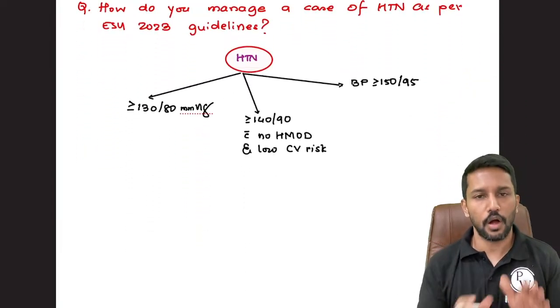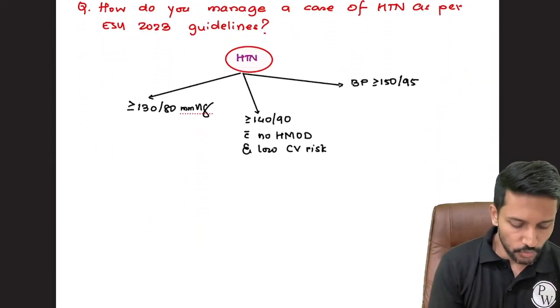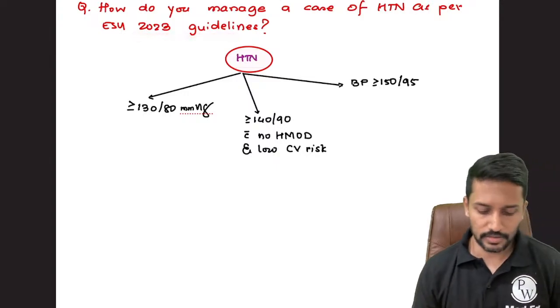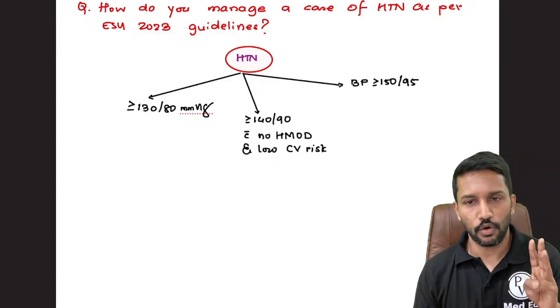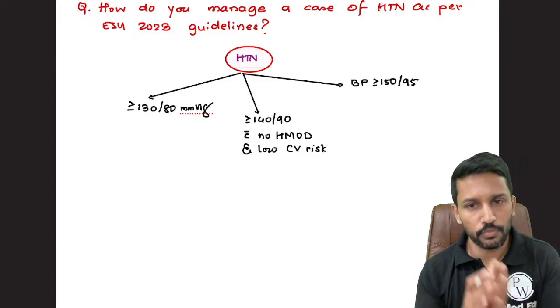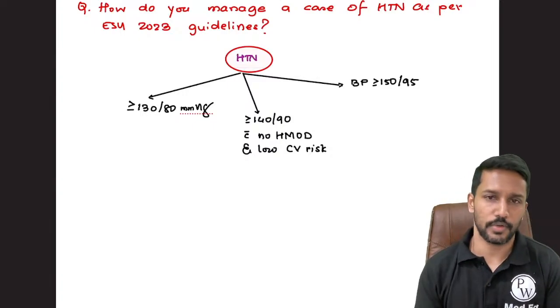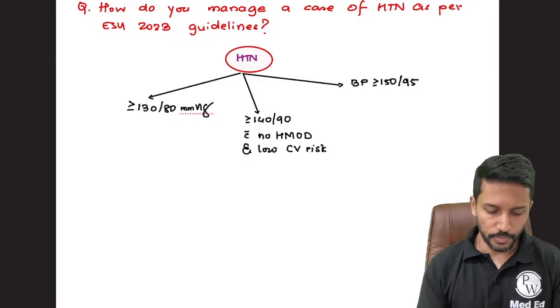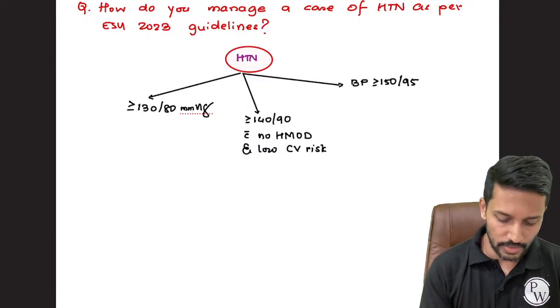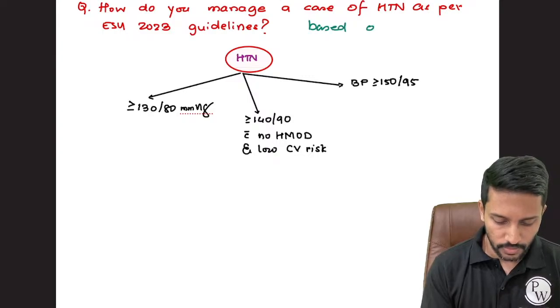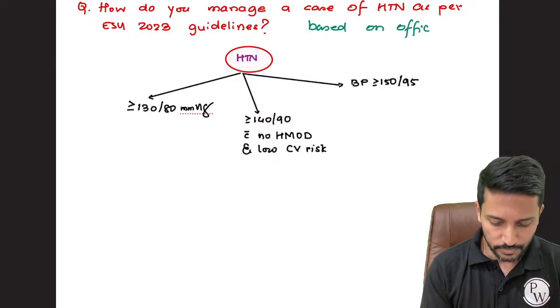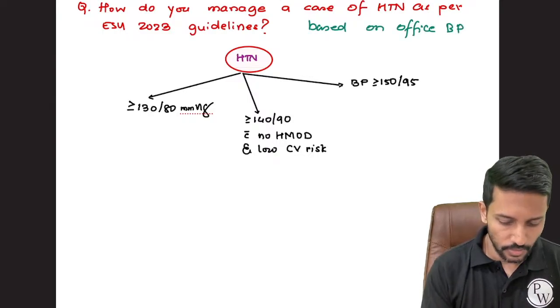The question is, how do we treat? So according to ESH 2023 guidelines, we have three categories of patients in whom we would be considering treatment of hypertension. First one, obviously all these numbers are based on office BP. Okay.